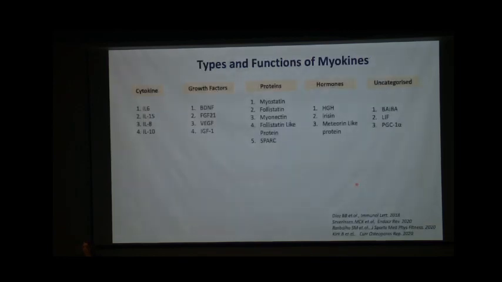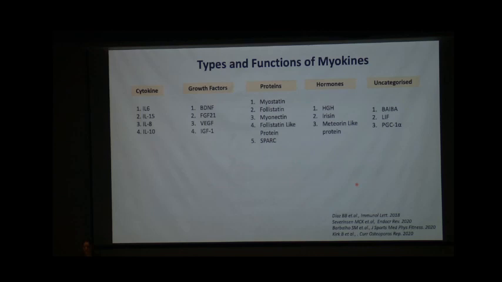There are many names you already know among myokines, and they are categorized by type, such as cytokines, growth factors, proteins, hormones, and some are uncategorized. IL-6, IL-15, IL-8, and IL-10 are cytokines released from muscle during contraction.